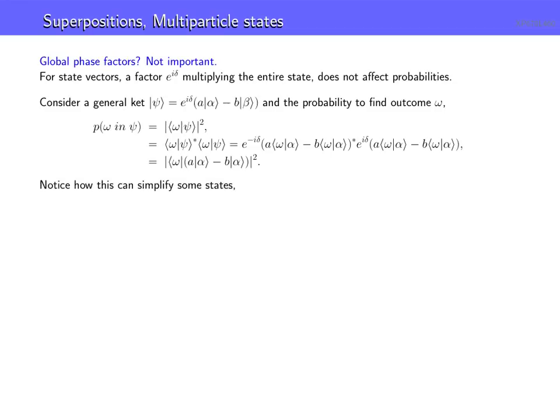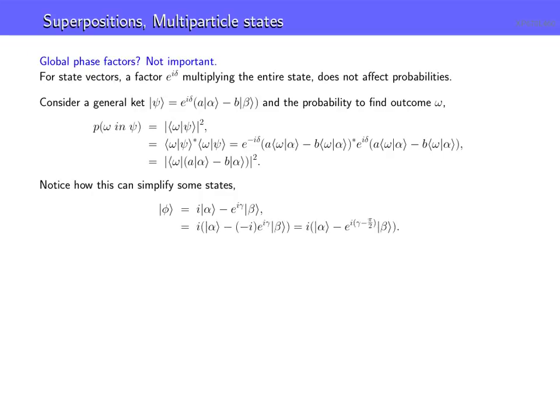Now this is going to be useful because we're going to be able to simplify states. We're going to use this once or twice here. But let's take a look at this particular state here that I just made up randomly: iα − e^{iγ}β. That seems arbitrary, but you can actually write this in a simpler way, though it may not seem like it.